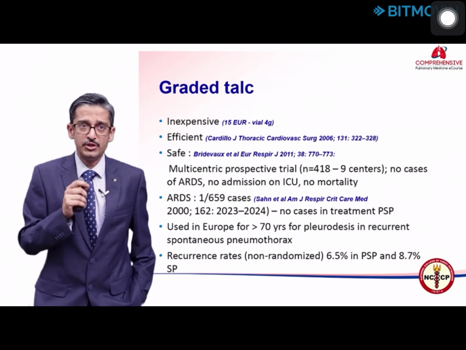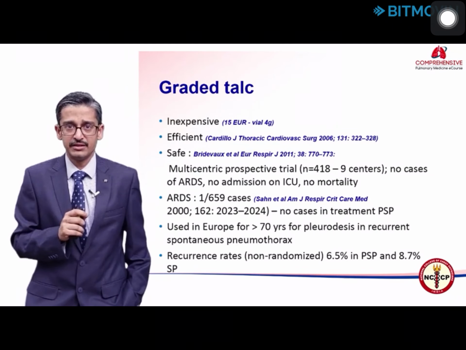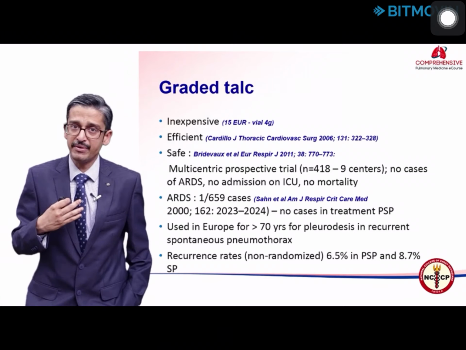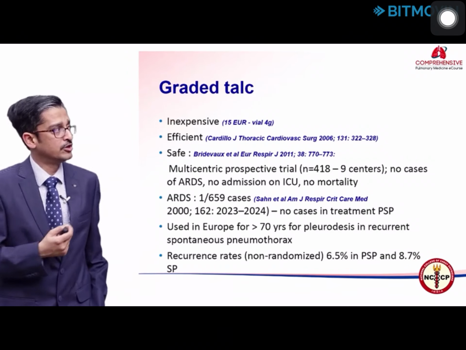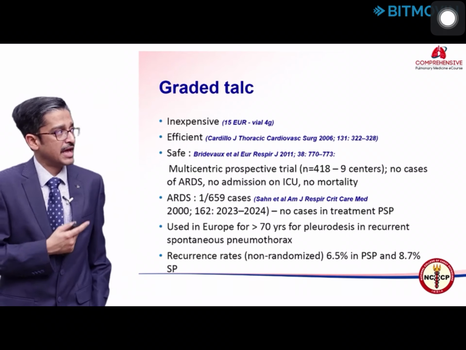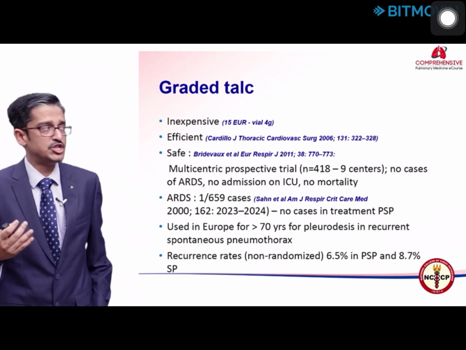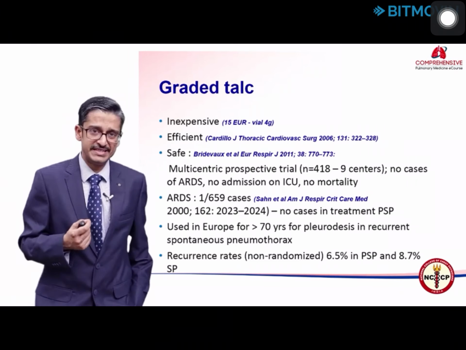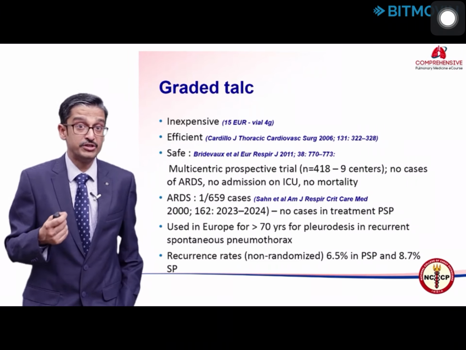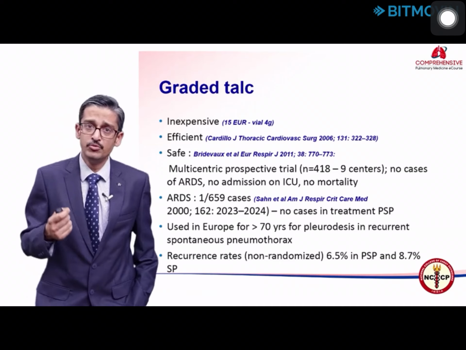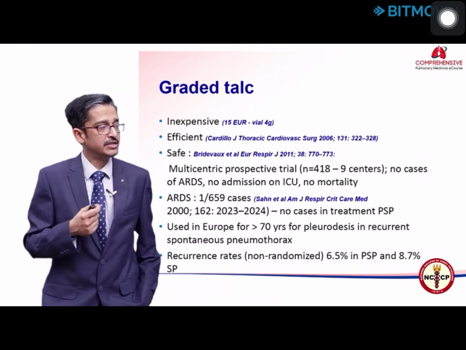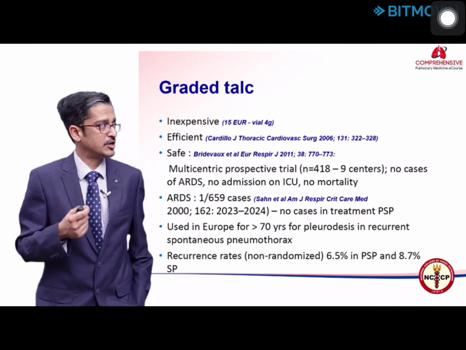So the agent with which you prevent a recurrence, in most cases, at least in my practice and most practices I know of, would be graded talc. And you see the European costs there, but even in our country, it's relatively cheap and cheerful. We know it's safe. More importantly, we know it's efficient. And in patients with pneumothoraces, this is by far the most efficient agent that we have.